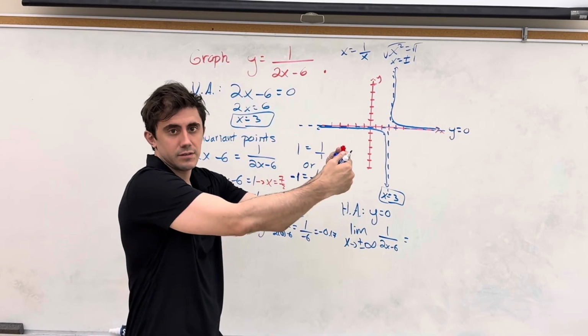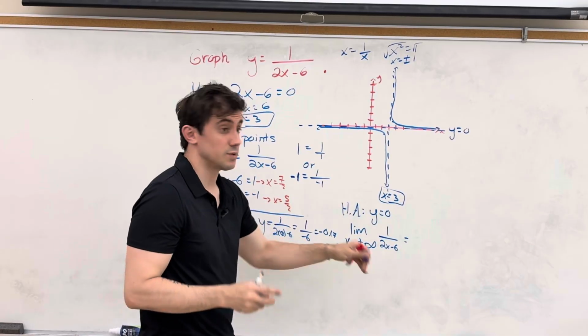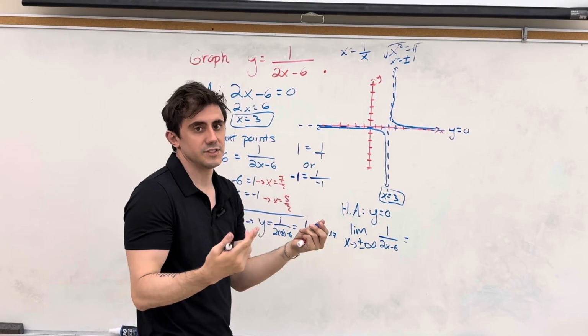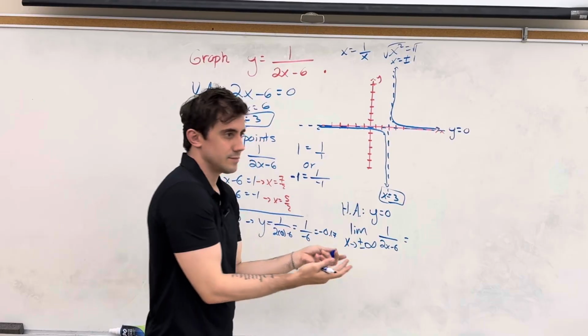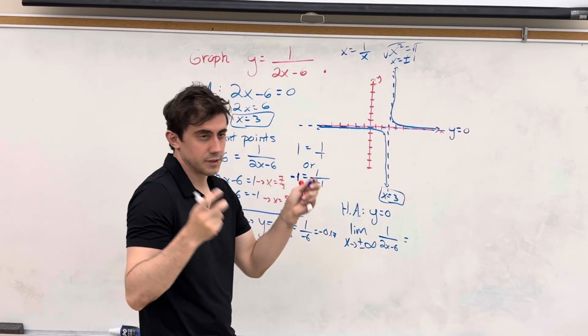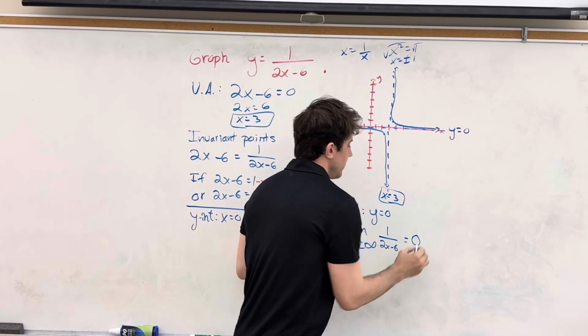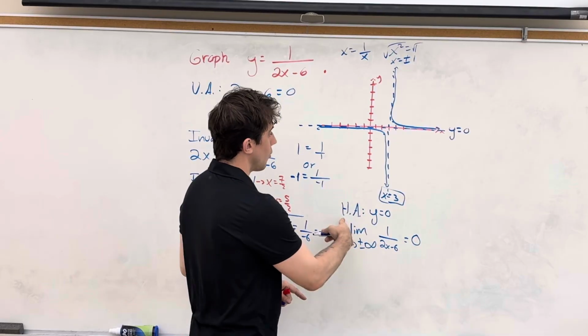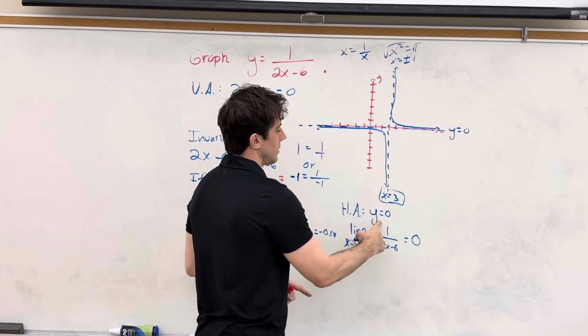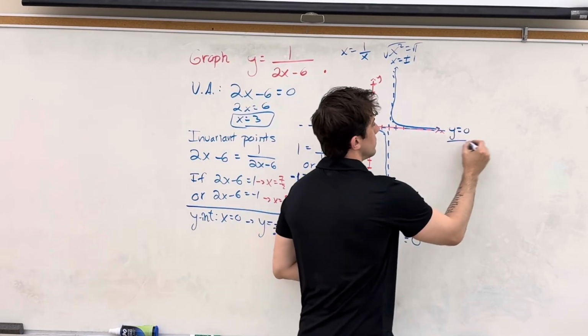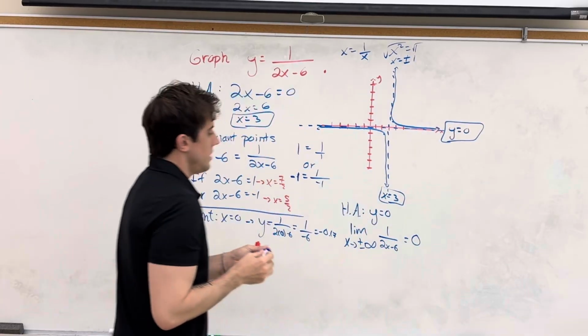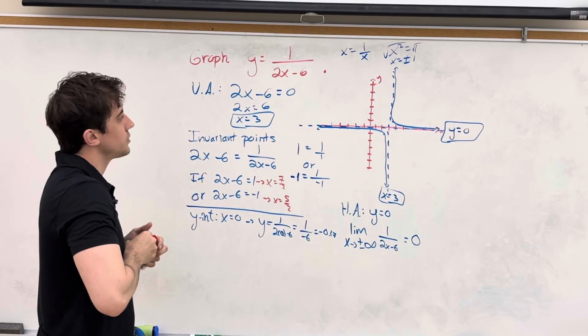And the ultimate limit of that, if x was infinity truly, would be 0. 1 over 2 times infinity would be 0 in theory. And so we say that's the limit, and that 0 is why we have a horizontal asymptote along the line y is equal to 0. And this would be our sketch.